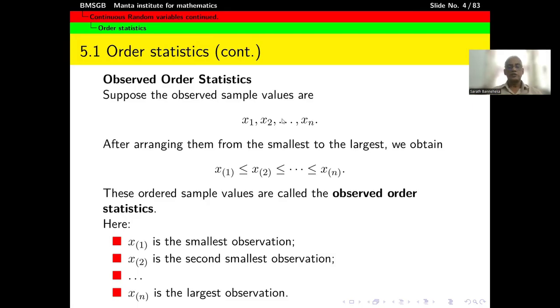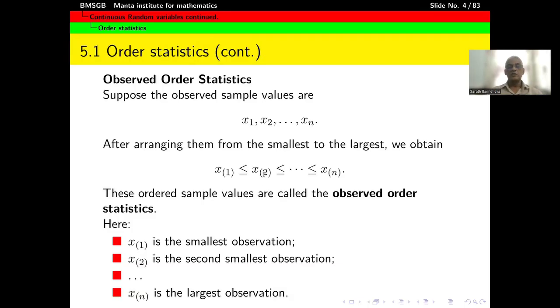These are observed statistics. So x1 is a function of these things. x2 is a function of these things. Therefore, they are statistics. But they are observed statistics. So these ordered sample values are called the observed order statistics. So this is one statistic.